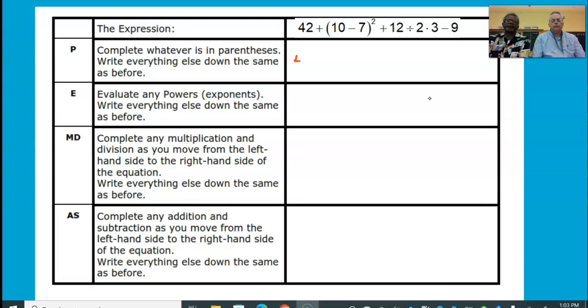So we're going to do it inside of the parentheses first. Okay, so we get 4 squared plus 10 minus 7 is 3. That's correct. That's to the second power. The second part. Plus, and we have 12 divided by 2 times 3 minus 9.